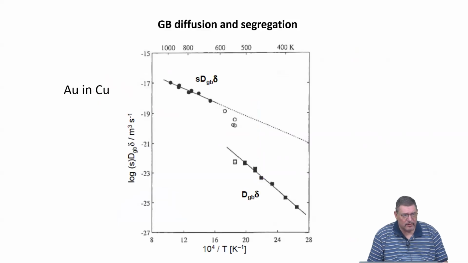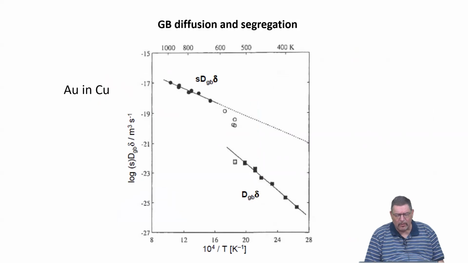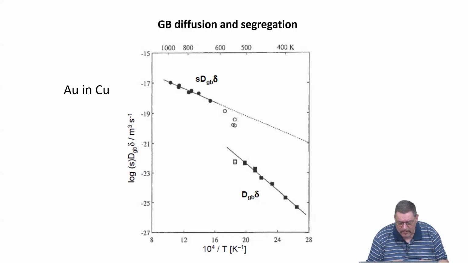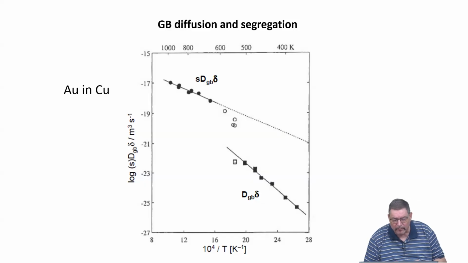Last things for today, a transparency for today. This is now a real measurement. So we have here a measurement of grain boundary diffusion as a function of 1 over T multiplied by 10 to the 4.